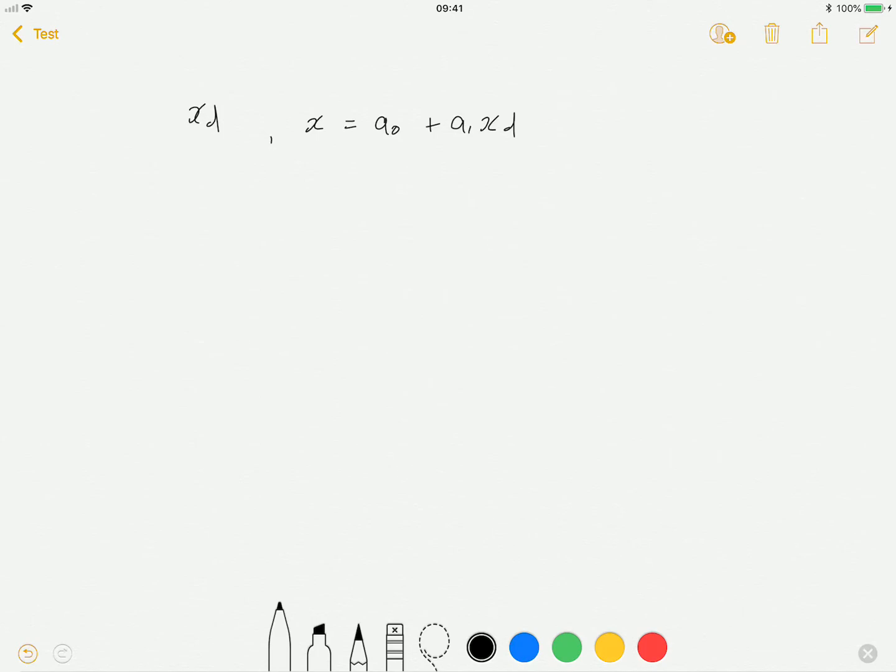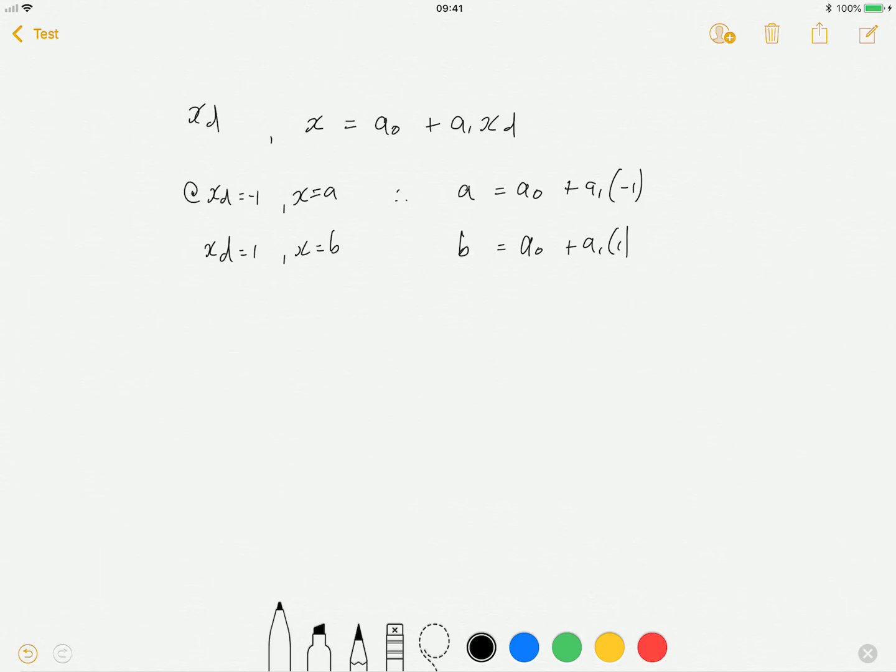Now at our lower bound, where xd equals minus 1, we have that x is equal to a. Okay, that's from our trapezoidal rule. So therefore a must equal a0 plus a1 multiplied by minus 1. And similarly at xd equals 1, x equals b, so therefore b is equal to a0 plus a1 multiplied by 1.